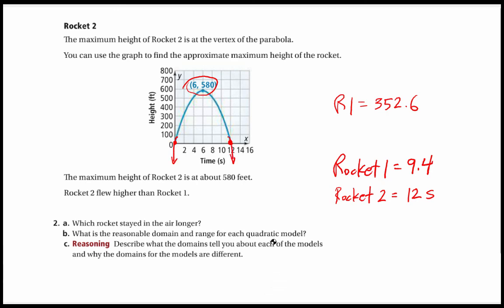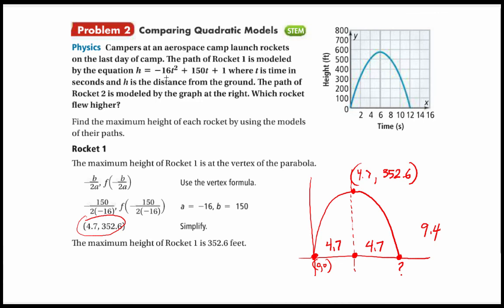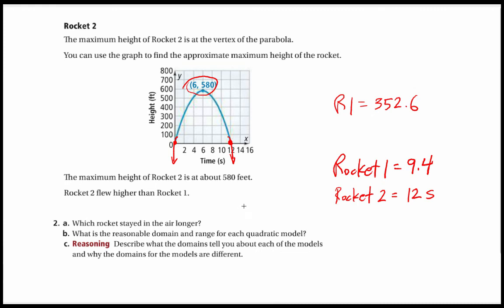Our function, or equation back that we had, h equals negative 16t squared plus 150t plus 1, if I graph that, that's a parabola that has just itself, just the equation, has an infinite domain, and its range is infinite as well. It would have a maximum value, but for the problem, remember, for the problem, that's the reasonable domain.